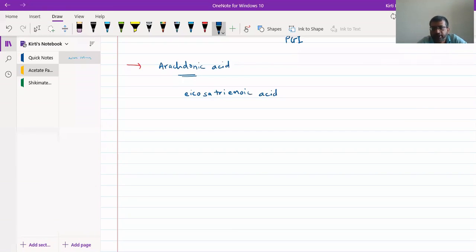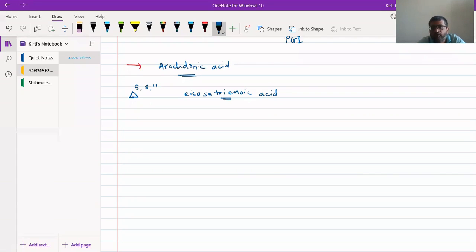As the name says, triene means it has 3 double bonds, and we can nomenclate them as 5, 8, 11, the 3 double bonds present in eicosatrienoic acid. So this is also one type of nomenclature.